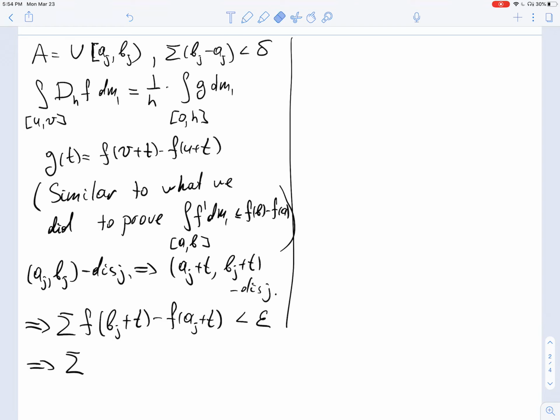I want to say that this implies that g of t is less than epsilon for every t in 0h.